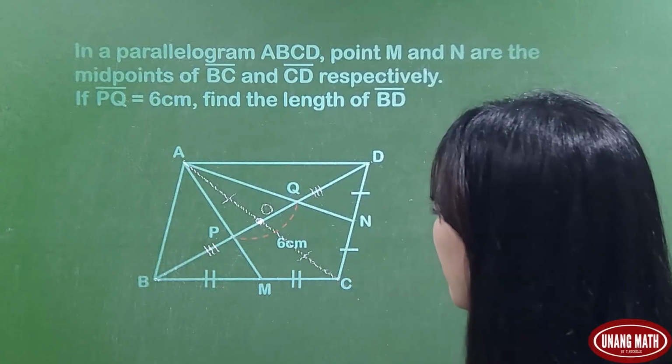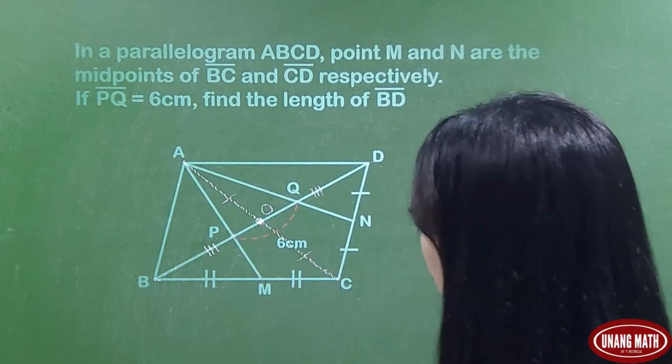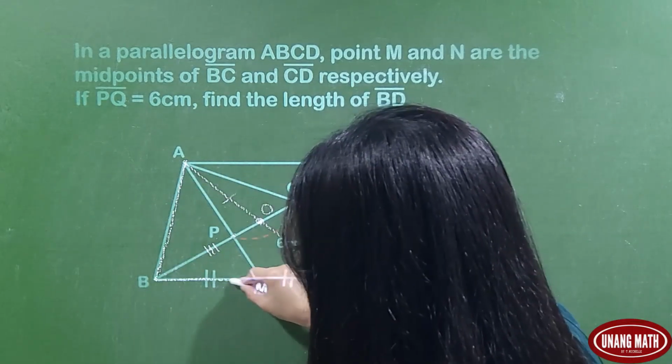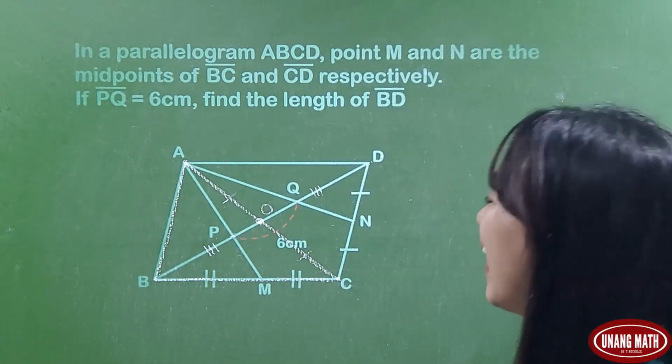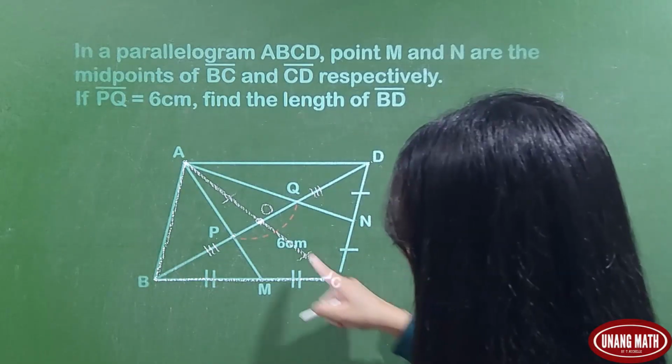To find what point P and point Q are, let's consider this triangle ABC.